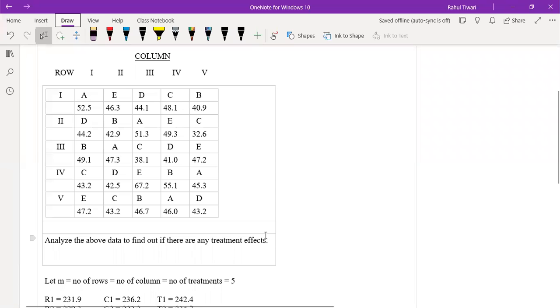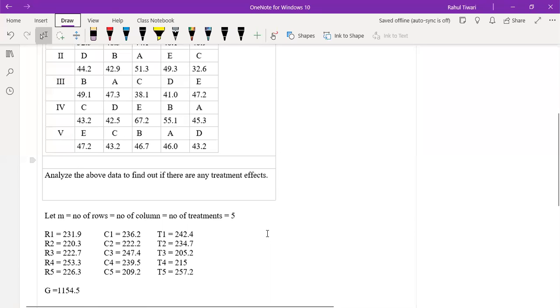And once you have done with this grand total, one can obtain the correction factor.